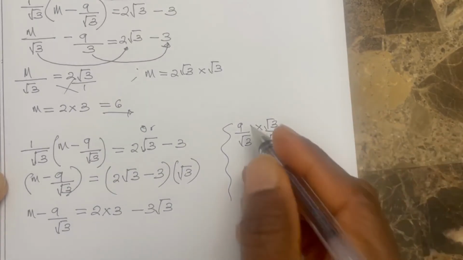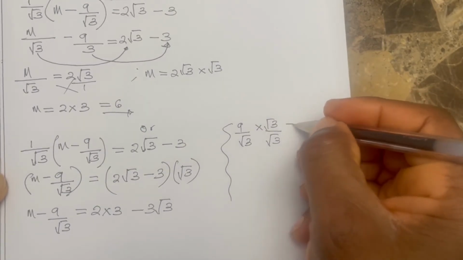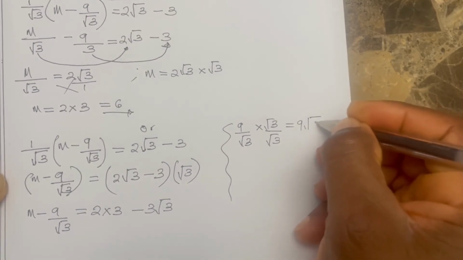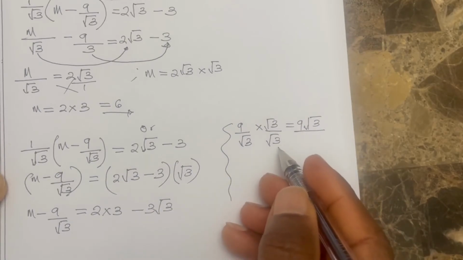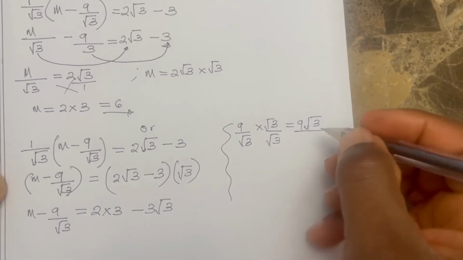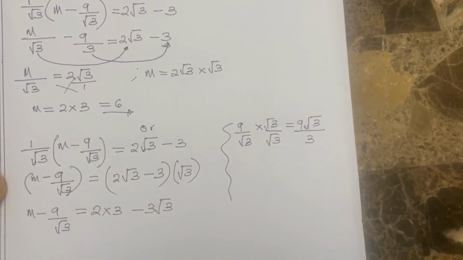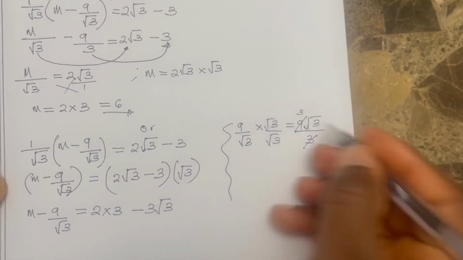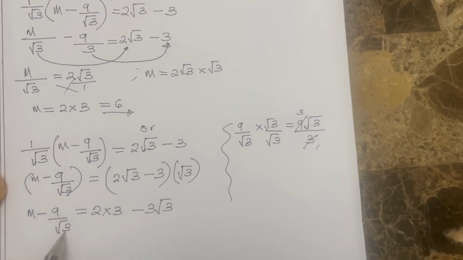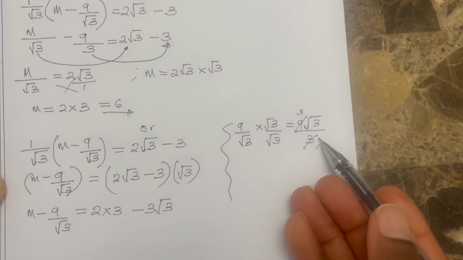So 9 times root 3 is 9 root 3, over root 3 times root 3, which is root 9, and root 9 is 3. So 3 over 3 is 1, and we have 3 root 3. So 9 over root 3 is the same thing as 3 root 3.